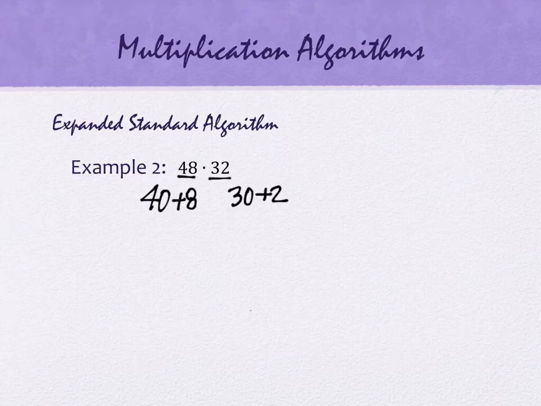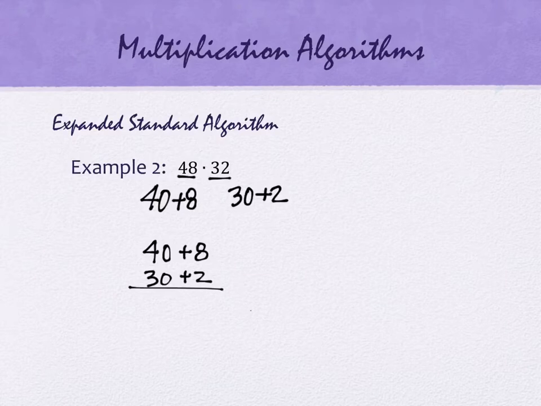So when you're looking at the expanded algorithm and you're looking at multiplication, you're thinking of the numbers being multiplied in this sort of a picture. And what you do is you multiply each value out. So I've got 2 times 8, that would be 16, right? I have 2 times 40, that would be what? 80.